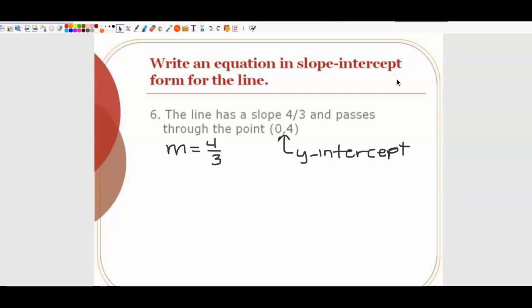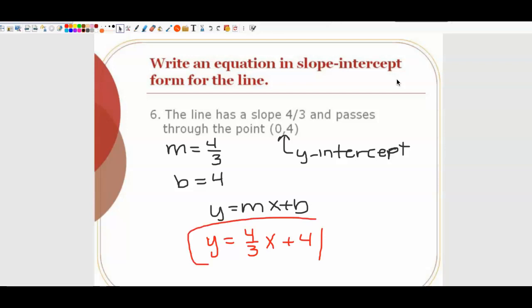So if you have 0, a number, that's your y-intercept, which means my b value is 4. So if I have m and I have b, then I plug into y equals mx plus b, and I get y equals 4/3 x plus 4.